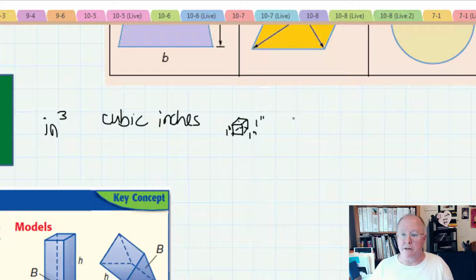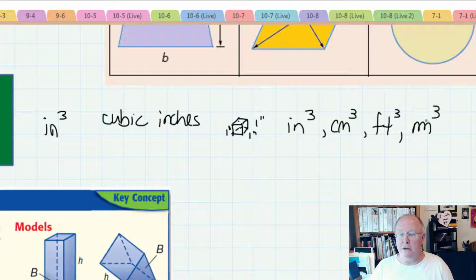So that's why we call it inch to the 3rd power. You can have cubic centimeters, cubic feet, cubic meters, and it's all about to the 3rd power. To the 3rd power means cubic.